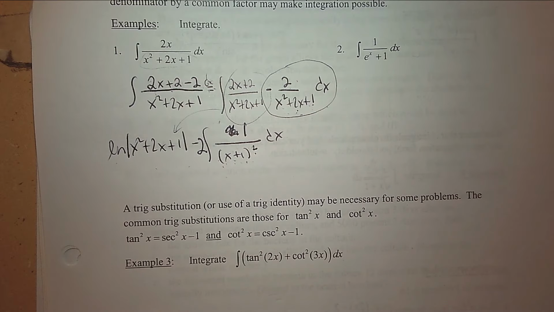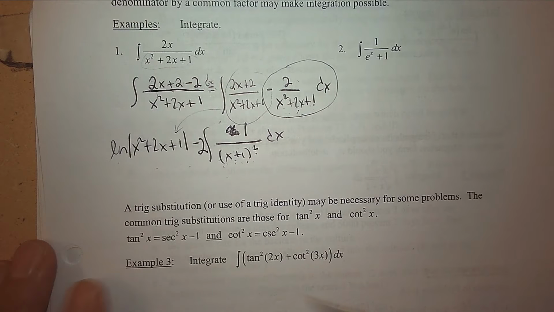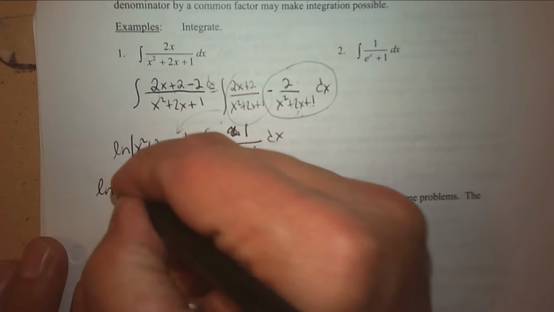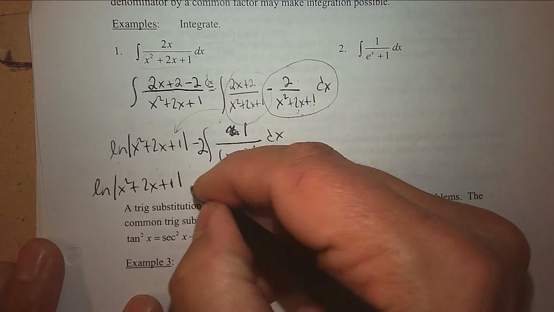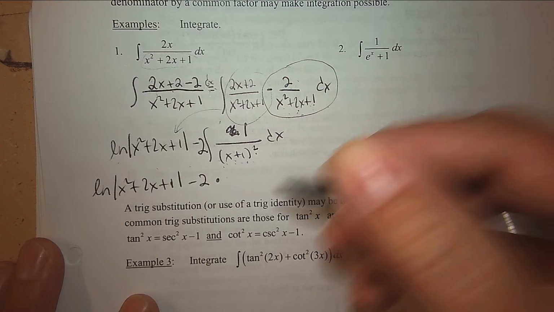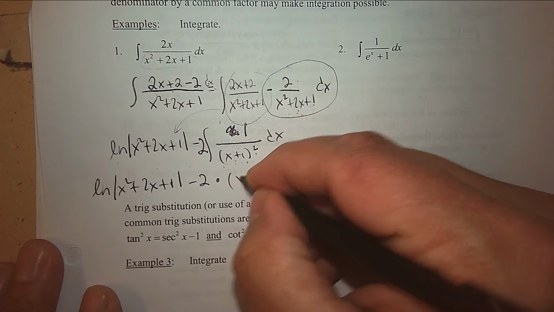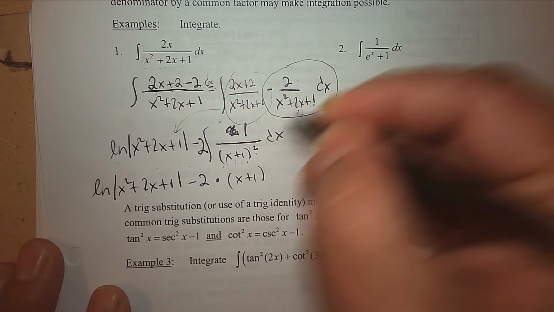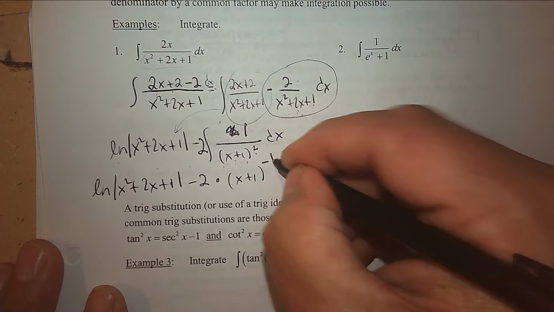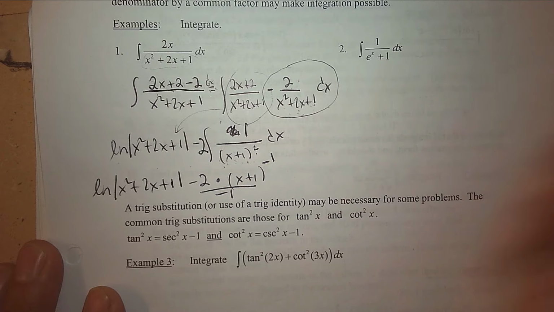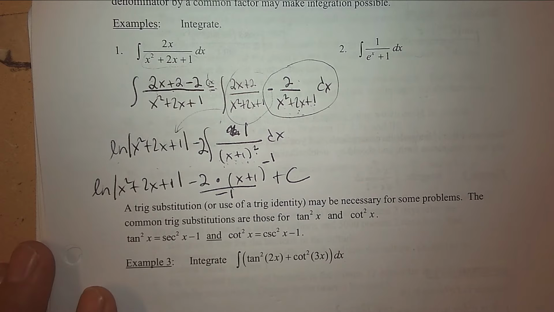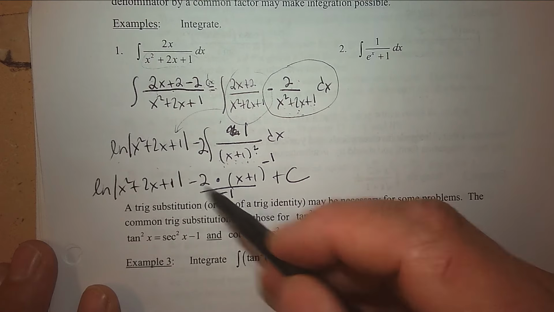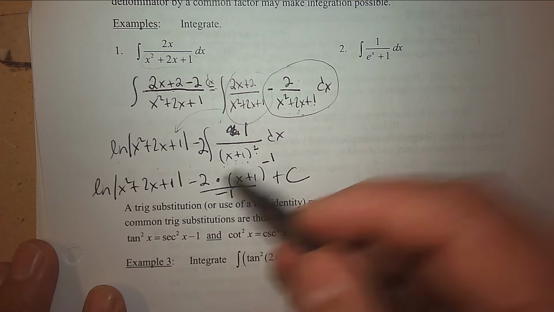And then you would do the anti-power rule. I'd add 1, and negative 2 plus 1 is negative 1, and then I would divide by negative 1, and don't forget the constant. Recognize that the negative and the negative, you could definitely make that positive 2, and then that.